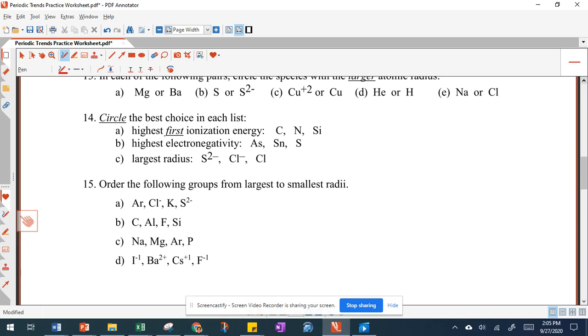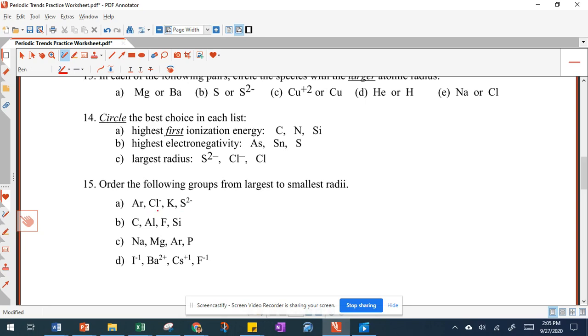Okay, so hopefully you tried those 4 and you have your answers written down. These are going to be ranked from the largest to smallest radius. Here we have argon, chlorine ion, potassium, and sulfur ion. Remember, when you have an ion, you have to think about what that ion looks like.